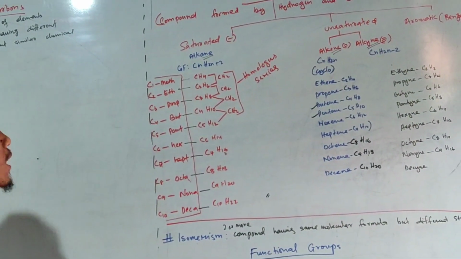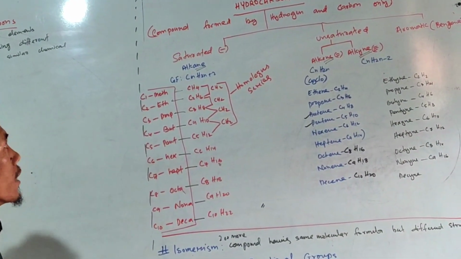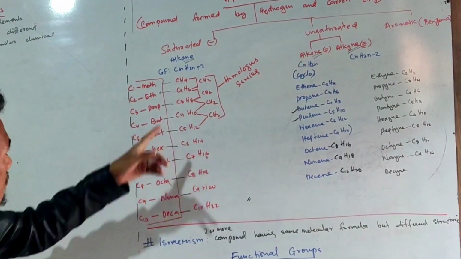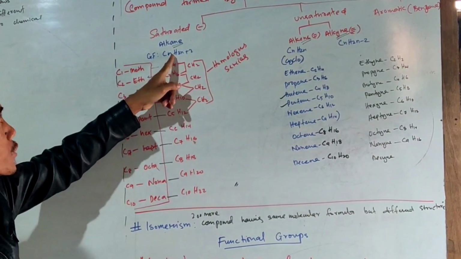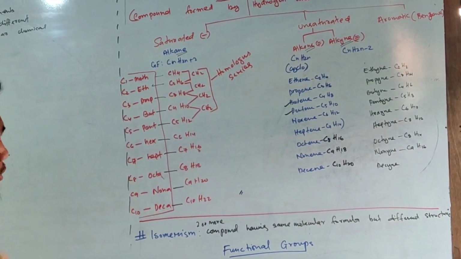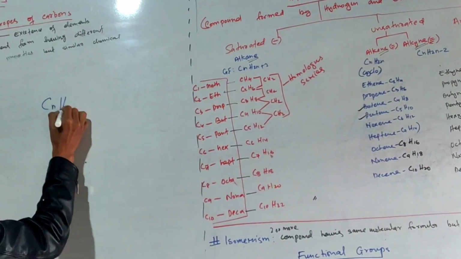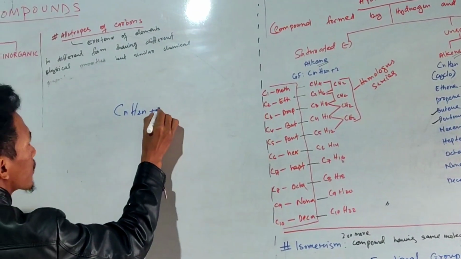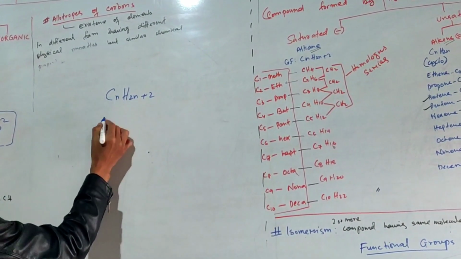Saturated hydrocarbons are hydrogen and carbon compounds having a general formula of CnH2n plus 2, where n is the number of carbon atoms. Let's see. We said that n can be any number, so let's take n as 1.